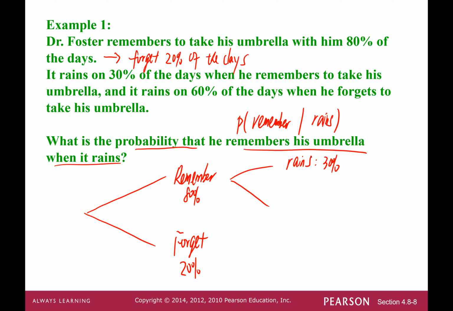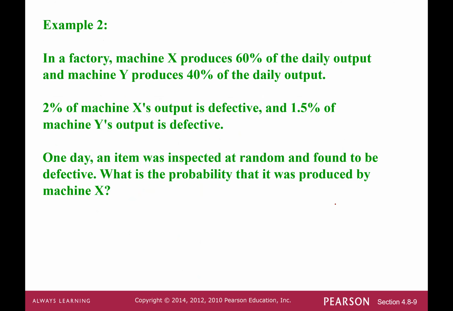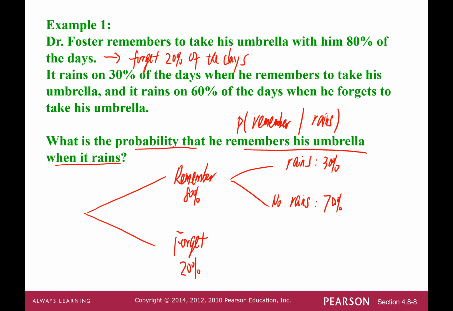And that means not rain, no rain, 70% chance. Now when you forget, it rains 60% of the days when he forgets to take his umbrella. So rains 60% of the time. And no rain will be 40%, the complement.